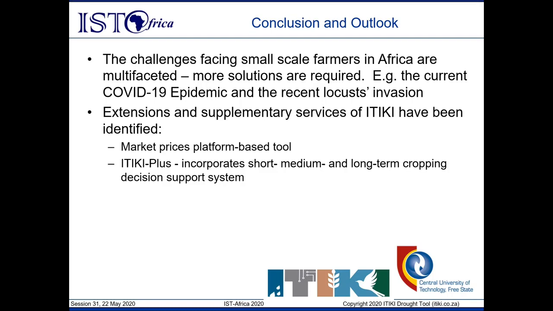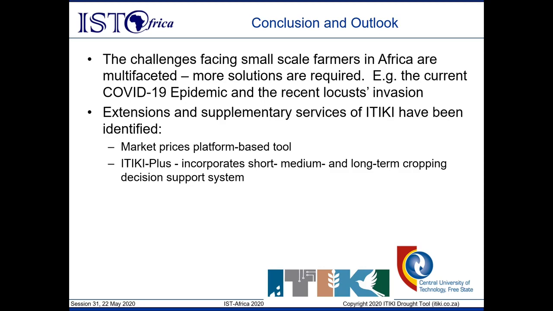In conclusion, it's true that the challenges that the small-scale farmers in Africa are facing are many, and solving drought alone in isolation does not solve all their problems. More solutions are required. Currently, we are faced with the COVID-19 epidemic, and that is seemingly overriding everything else that the farmers may have achieved.